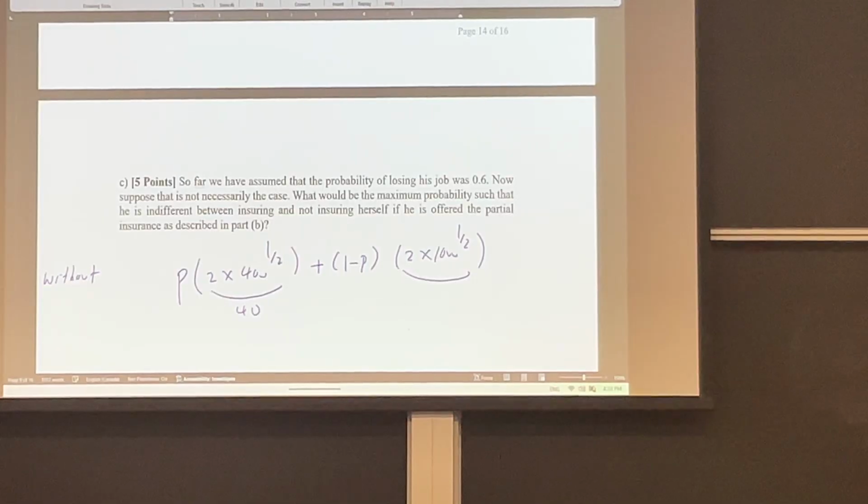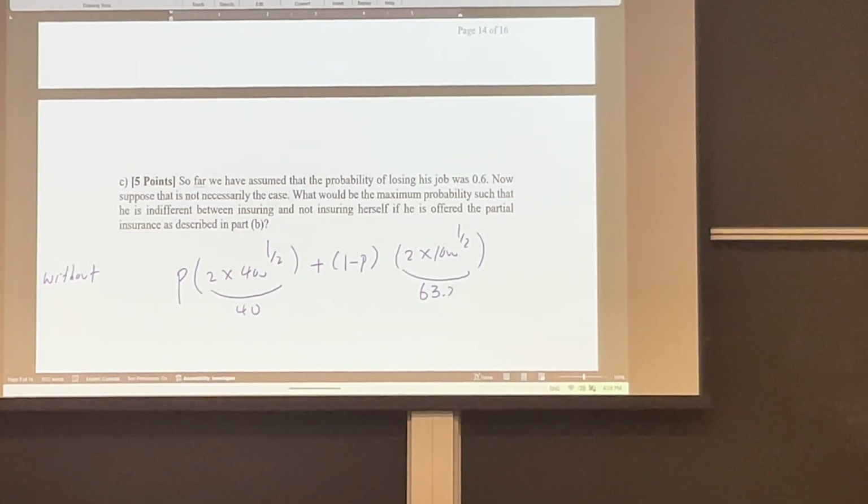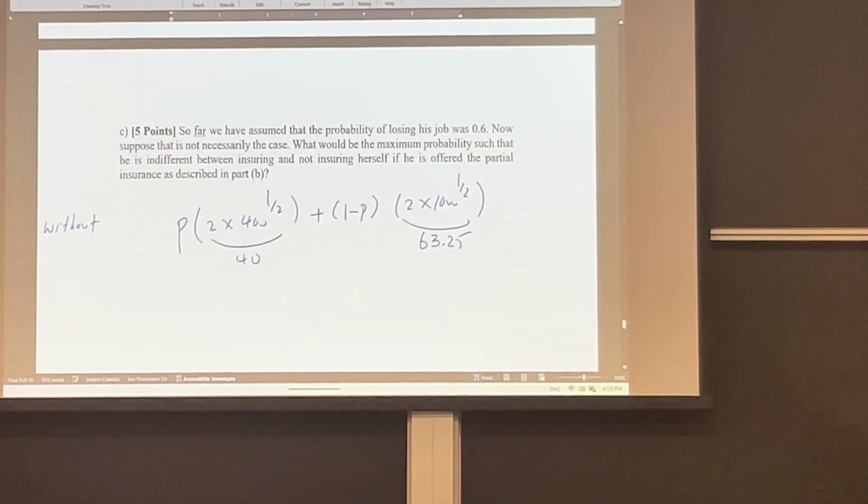We already have this one. How much was it? 63? How much was that? 63 points? 2.5? That is without. With, that's the probability of loss. We ended up with this one.